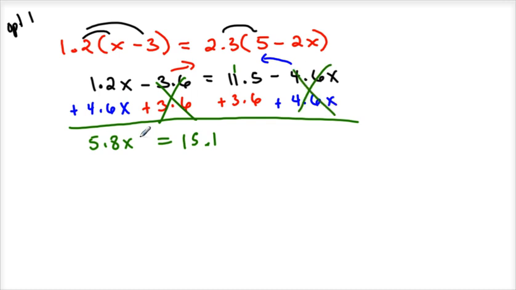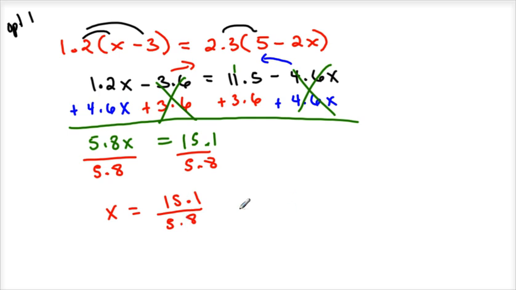This goes away, and then our last step here is just to divide by 5 and 8/10, so we got x equals 15 and 1/10 divided by 5 and 8/10. Usually you don't want any decimals in the denominator, so here you could just say this is going to be equal to 151 over 58, just moving my decimals over once, unless your teacher wants you to divide and round, or whatever the instructions are at that point.